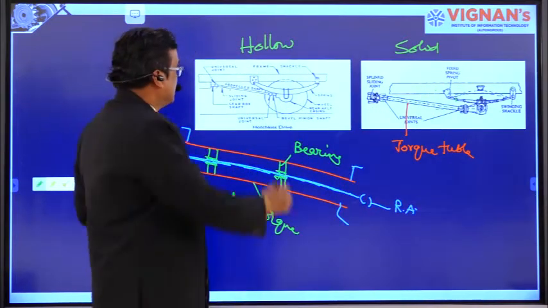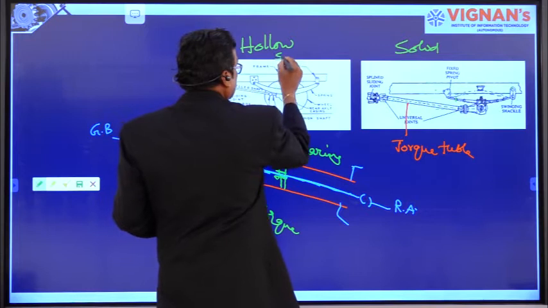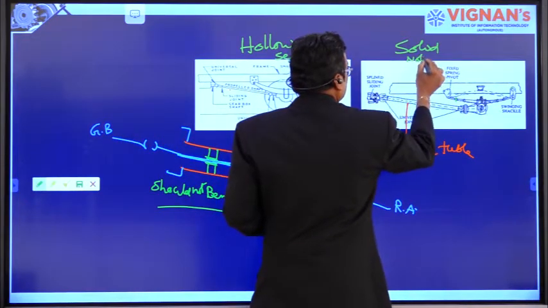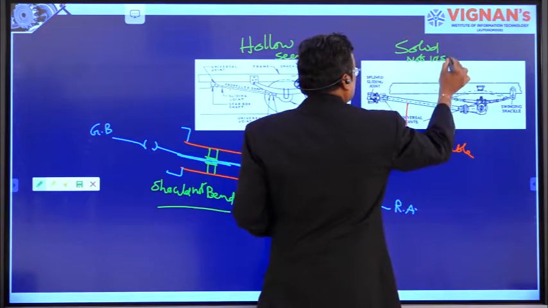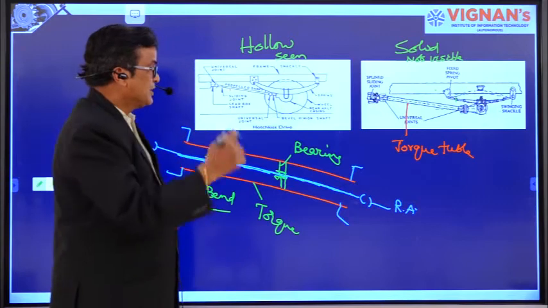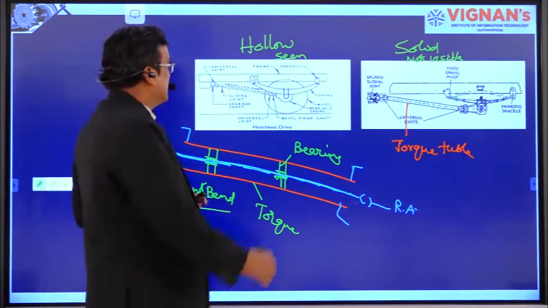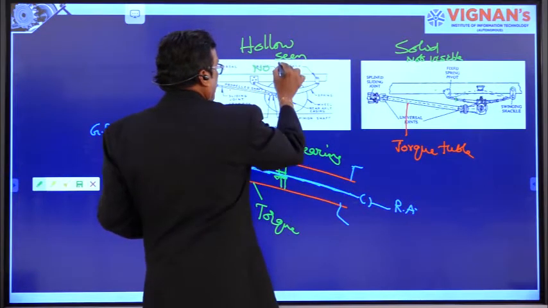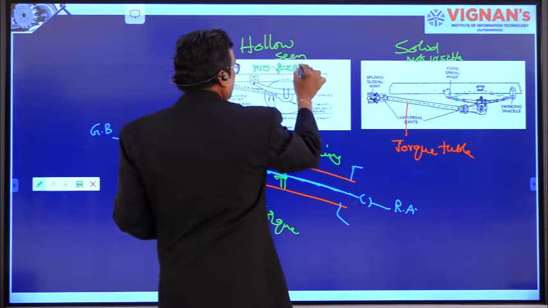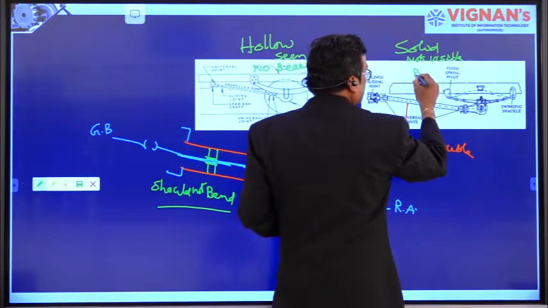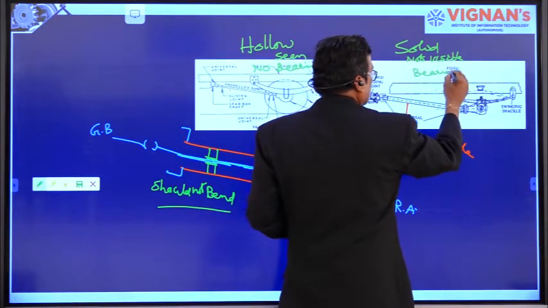The direction of rotation is not visible because it is rotating inside the torque tube. Here there are no bearings for fixing. Here the propeller shaft is fixed by bearings inside.